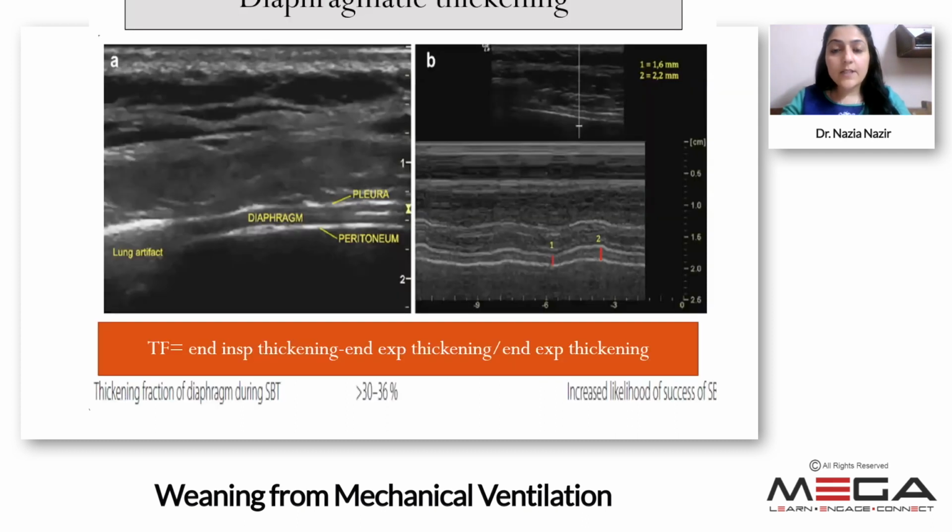Another diaphragmatic index which is useful for predicting weaning is diaphragmatic thickening. For this, we use the thickening fraction of the diaphragm during spontaneous breathing, which is taken as the difference between the end-inspiratory and the end-expiratory thickness of the diaphragm.